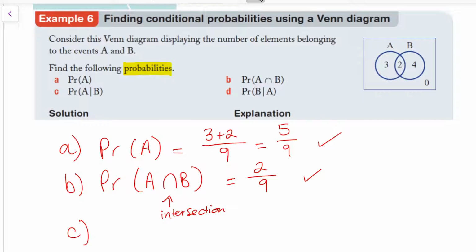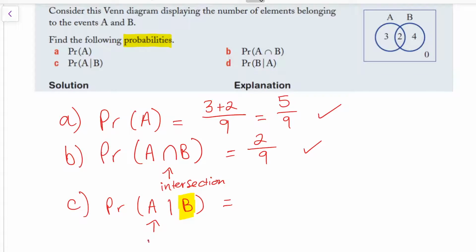For C, now it's the probability of A given B. Now if you just want to play by the rule of let's simply look at that B, all right? Always this first one, whether it's A or a B there, or any letter there, this is always going to be your intersection number, all right?